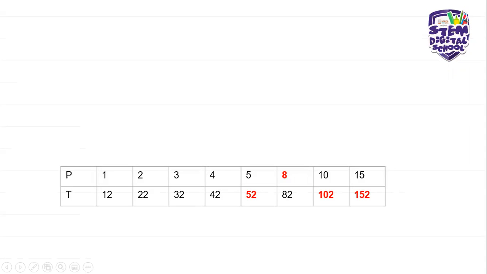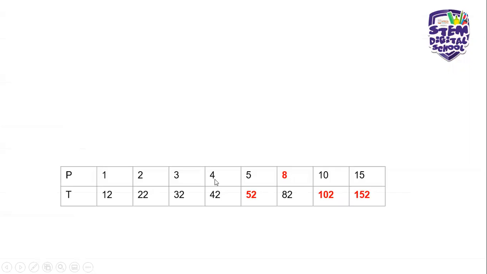For instance, in this case, to get 32, you take the constant difference, which is 10. Remember, from 12 to 22 is 10. From 22 to 32 is 10. So you take that 10, you multiply it by 3. 10 times 3 is 30. And then 30 plus 2 will give you 32.